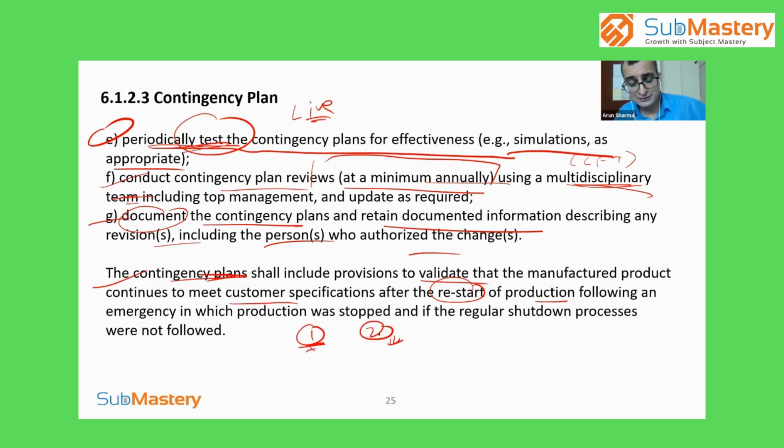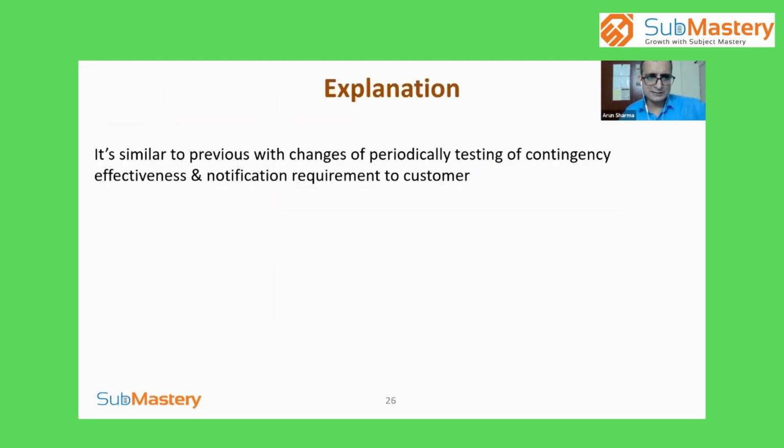If your second compressor is able to give that much pressure in the line so that product conformity is not impacted, okay, and when you come back to the original compressor, again you need to check that it does not have an impact on product conformity. So what you can do is simply use a first piece approval system. If you have setup approval and first piece inspection, that kind of system will be good enough to validate this requirement. Okay, so it is similar to the previous change.